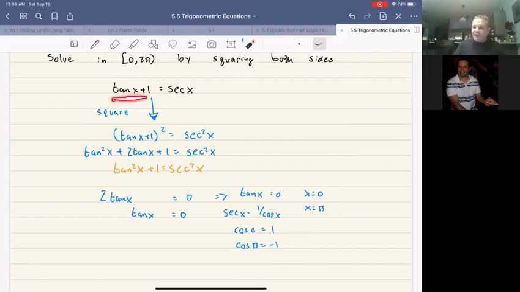Tan of 0 is 0 plus 1. Secant of 0 is 1. Tangent of pi is 0 plus 1 is 1. Secant of pi is -1. So the pi goes away. No longer one of our solutions.